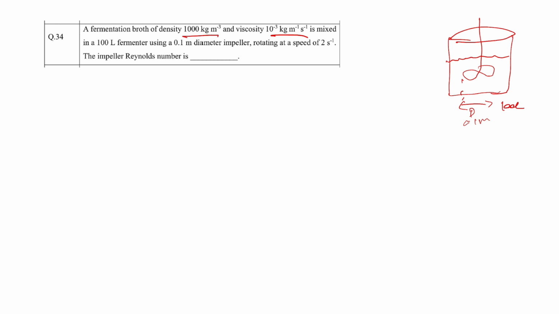We just saw that the formula for Reynolds number is rho V d by mu. This is for calculating the Reynolds number of fluid flowing through pipes. But here in our question, we have a stirred tank, so the formula is slightly different. Here the Reynolds number is rho v d square divided by mu.